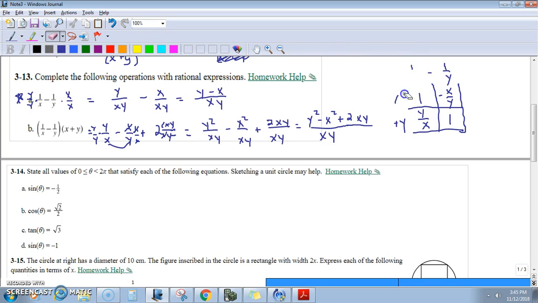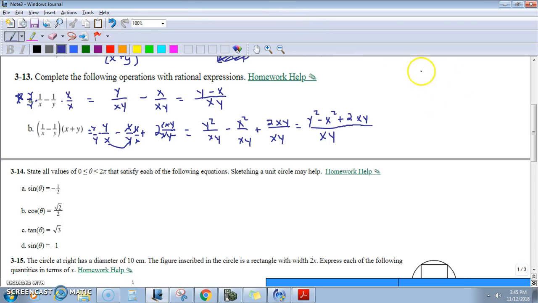Well, why don't we keep going? I could factor this by saying, are there two numbers that can add up to be negative x squared and multiply together to give me 2xy cubed? You know what? I'm not going to worry about it. Let's just stop there. Let's go on to 314.